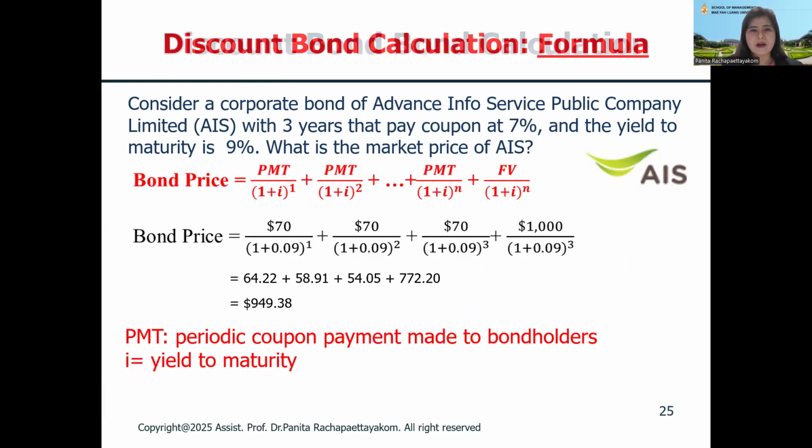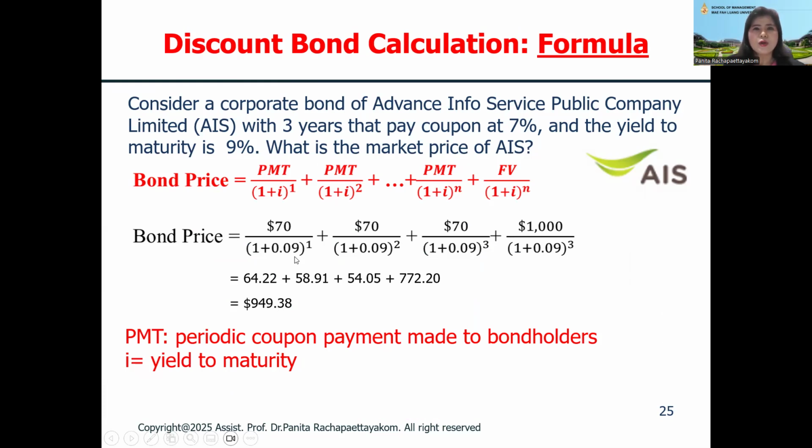In this case, you can calculate the bond price by the formula as well. You apply the same formula as I mentioned in the previous slide, with 70 baht as the PMT, the coupon payment. But in this case, for the I, you apply 9%.